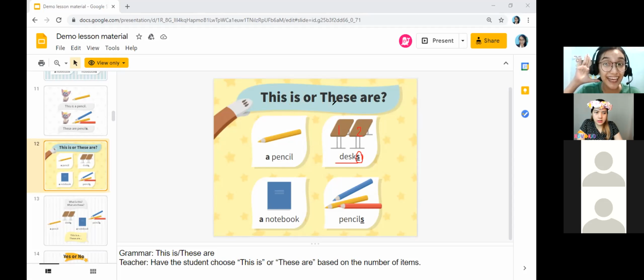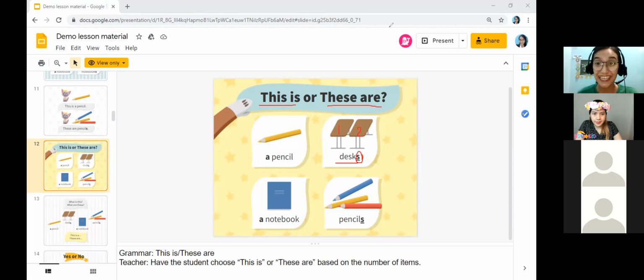The desks. One desks. Okay. This is. These are. This is, these are. This is. These are. These are desks.